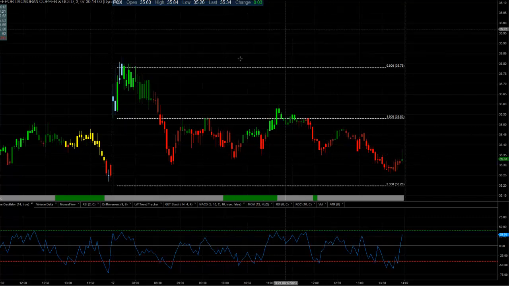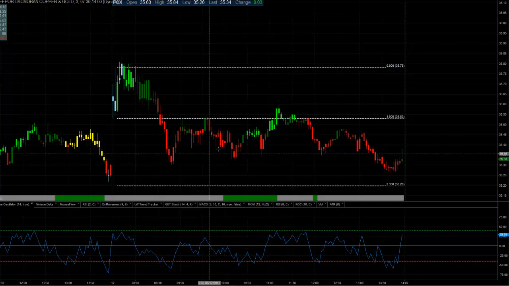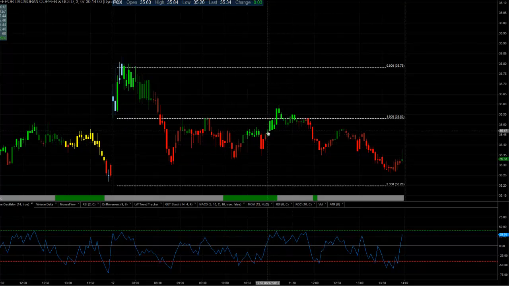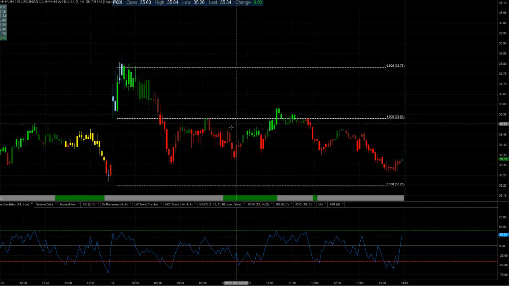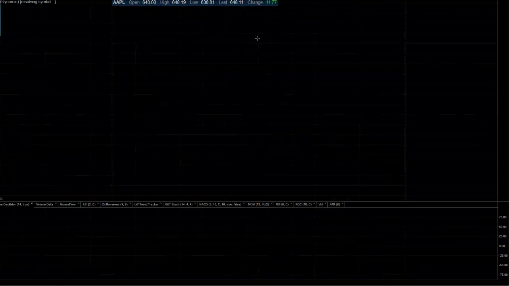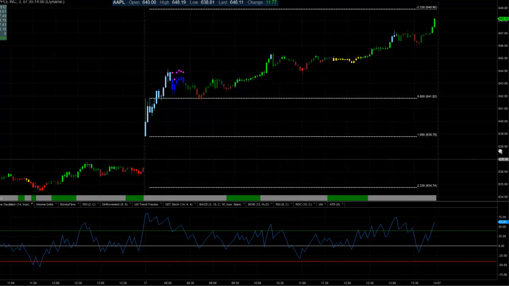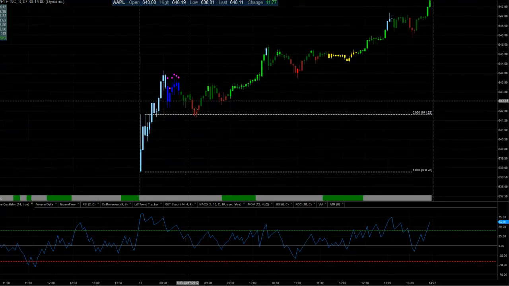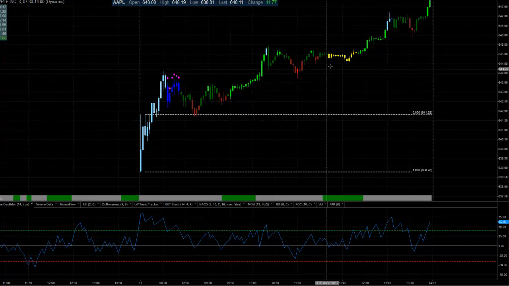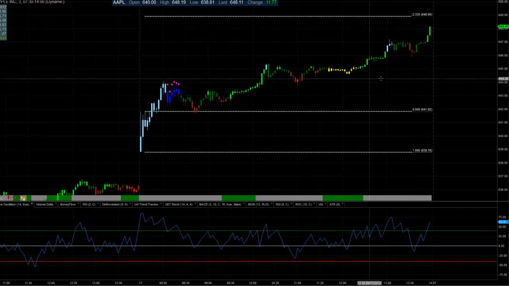And if price is above, so an example on Freeport, just trading on an intraday basis, is that it was hard to make money scalping long Freeport because it had a negative bias to it, whereas Apple had a positive bias. It got quickly above the opening range and pulled back right to it, held support, and then moved higher. So it didn't quite get to the 2.33, negative 2.33.